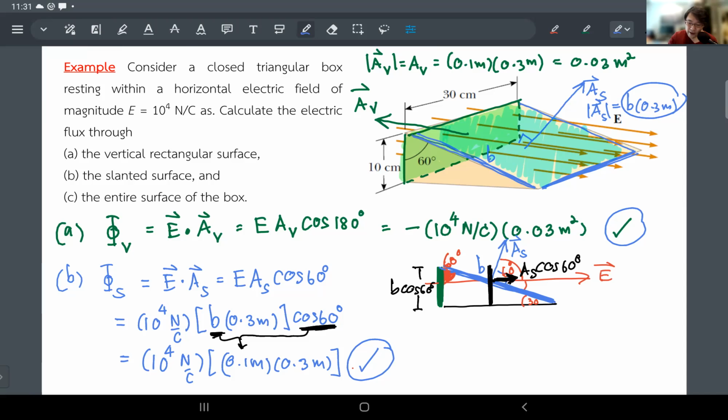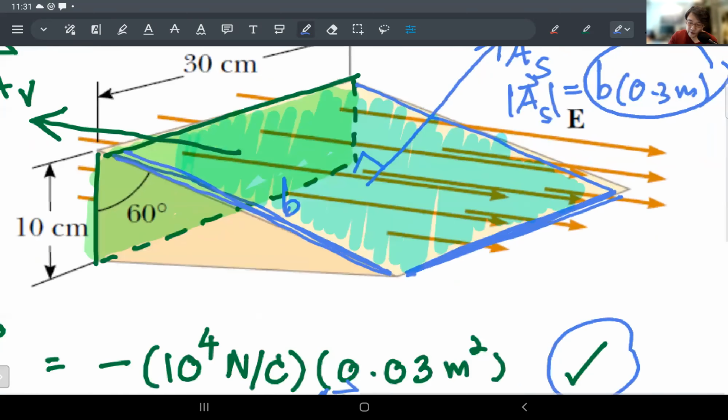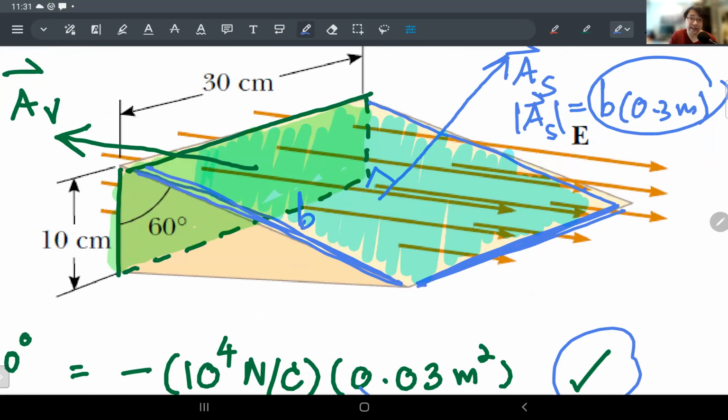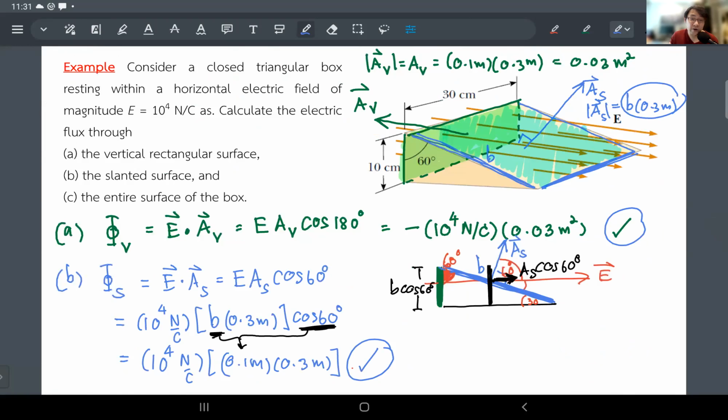You can look at this figure over here. You have 1, 2, 3, 4, 5, 6, 7, 8, 9. I mean, the real number is not 9, but whatever electric field lines come in from the vertical surface, they all leave on the slanted surface. So no doubt, you can guess what the part C answer should be.